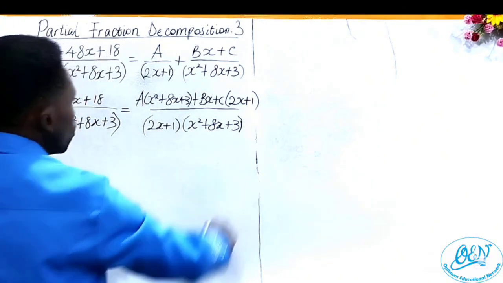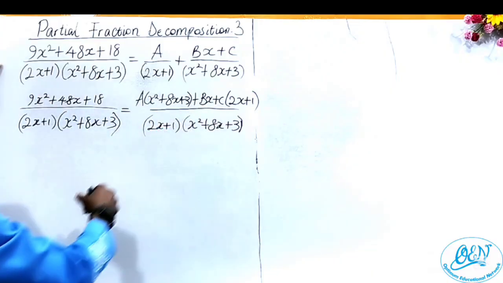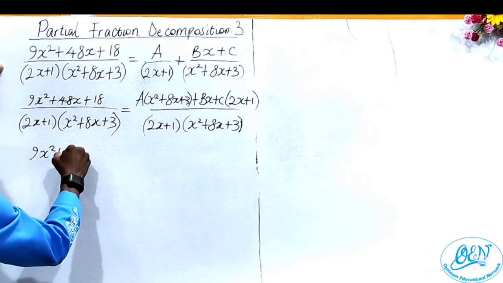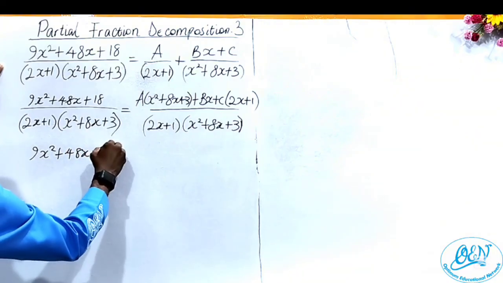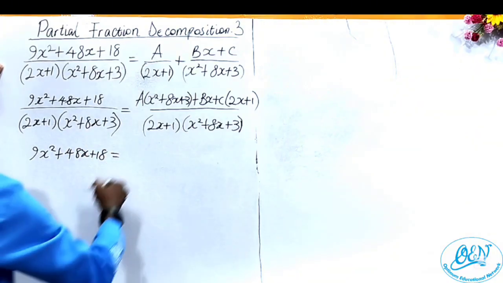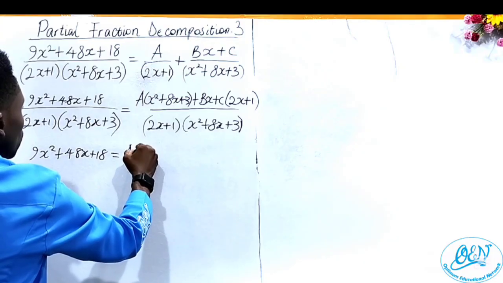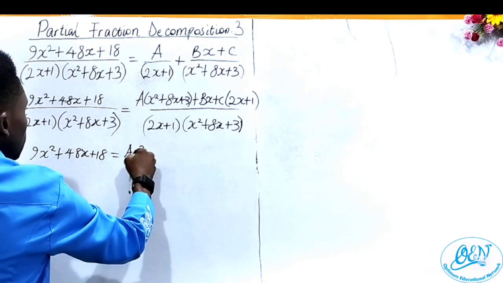Now the denominator is equal, so the numerator should be equal. So we have 9x squared plus 48x plus 18 equal to, now we expand this. We have a into x squared, we have ax squared.